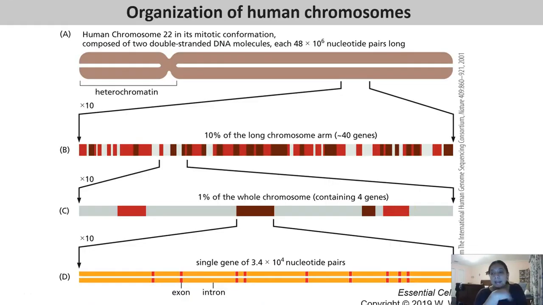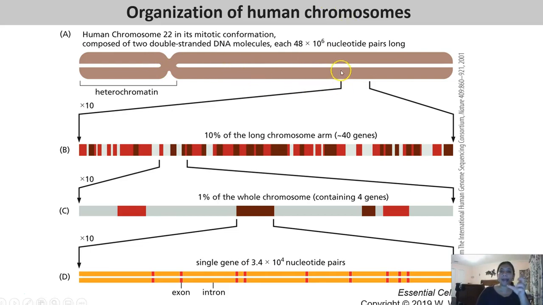Looking at this visually in another manner, if we were to look at one of the human chromosomes, in this case chromosome 22, you can look at it in chromosome form, when it's fully condensed in that heterochromatin state. It has a short arm and a long arm. Here you have the two sister chromatids stuck together at the centromere.